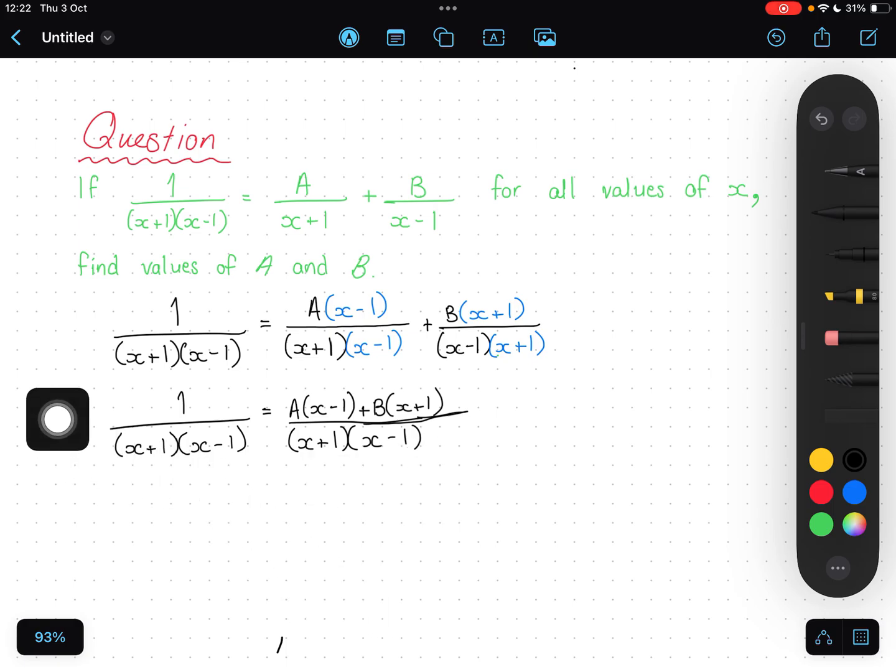Okay, I can multiply both sides by the x plus 1 and x minus 1 to just get the numerators equal to each other. Or we can just compare both sides. The bottoms are the same, which means the tops must be the same. So 1 from the top must be equal to the top line on the other side.